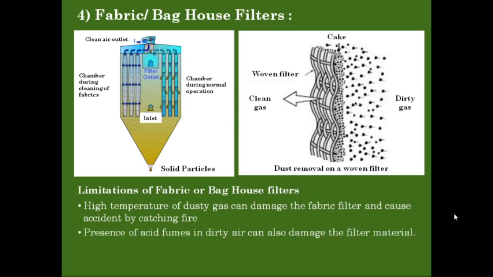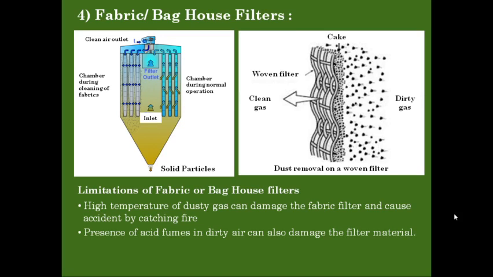The second limitation of a fabric or baghouse filter is that if the polluted air contains acid fumes. In many industries, if acids are used in some production process, then the fumes of the acid may come out along with the polluted gas.